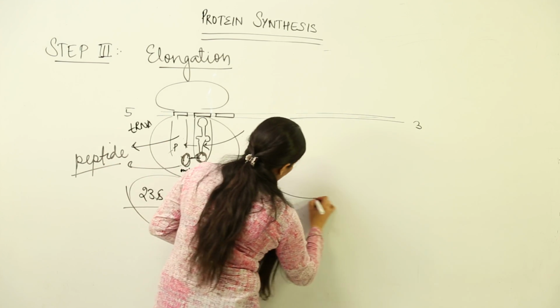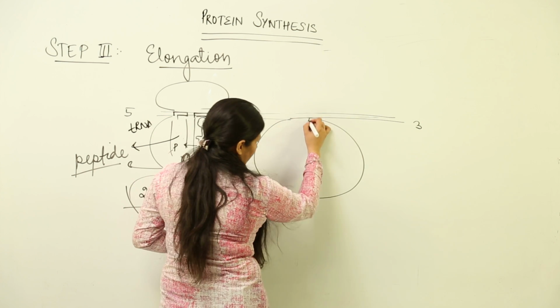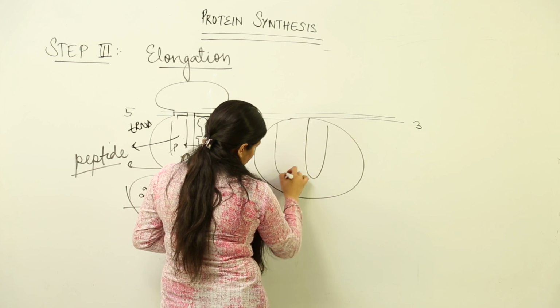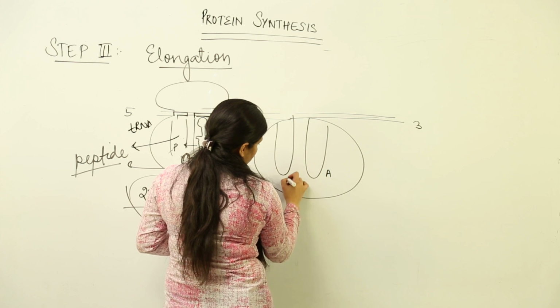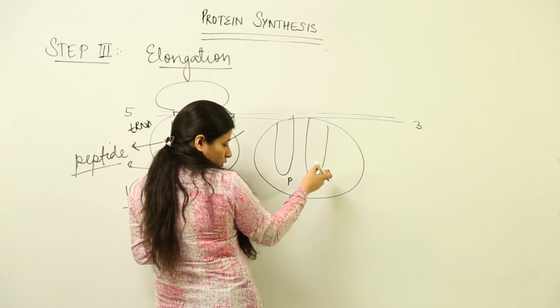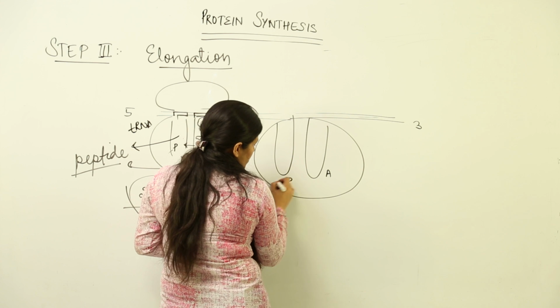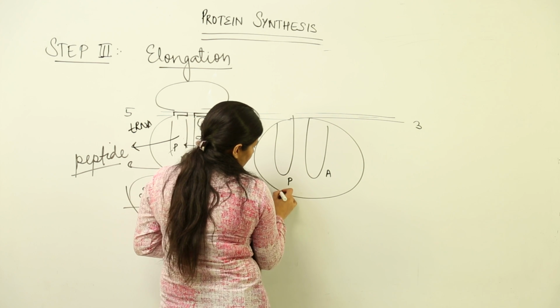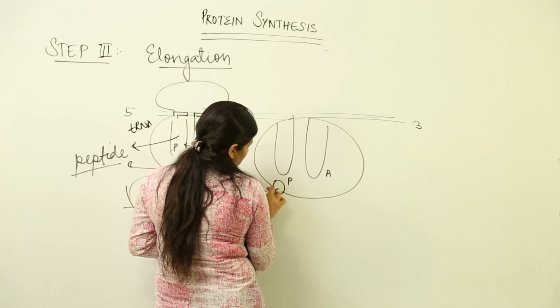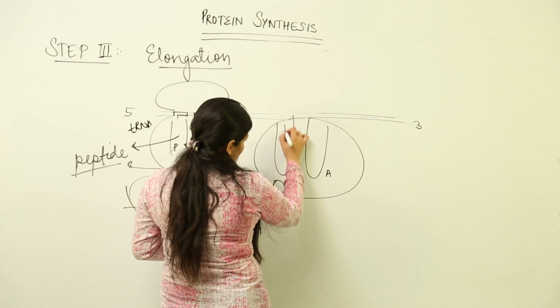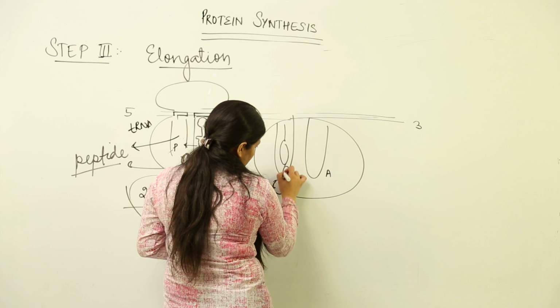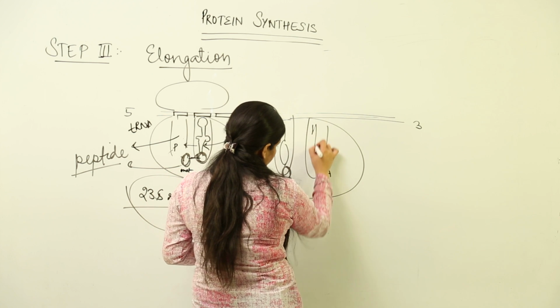As the ribosome moves further and further, the next tRNA comes at the A site and the P site is occupied by the one that was at the A site. So, what you are getting after this is a long polypeptide chain that has been formed after many tRNAs have come over here.